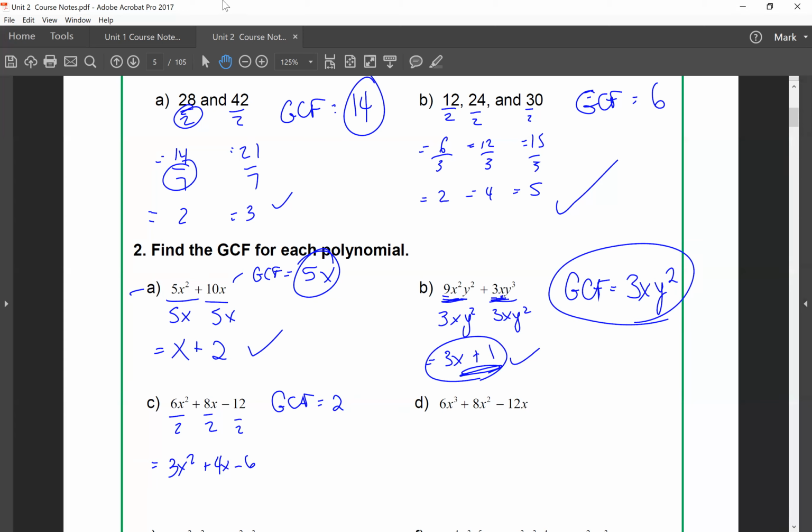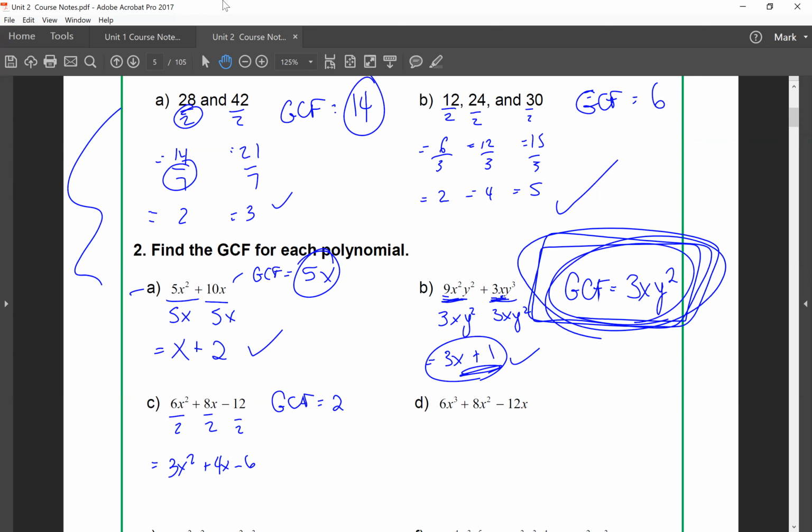Nasser raised his hand. Do you have a question? Yeah, hello, Mr. Mark. I was asking, should we go further with the solution or just find the GCF? Oh, that's a good question. No. If this was a question on your test, this is your answer. What I'm circling right now, that's it. You don't have to show me anything.